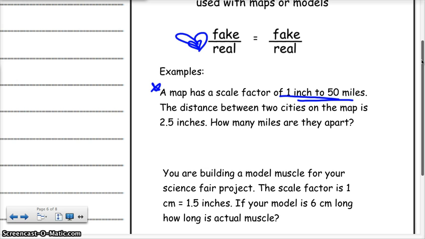So I have fake is to real: an inch is my fake measurement, is to my real measurement, miles. Okay? 1 is to 50 as, and then I have the distance between 2 cities on a map. Is map fake or real? Fake. A map is going to be 2.5. You could also say inches. Okay, the 2.5 is inches, which is on top. And you know how to solve that.